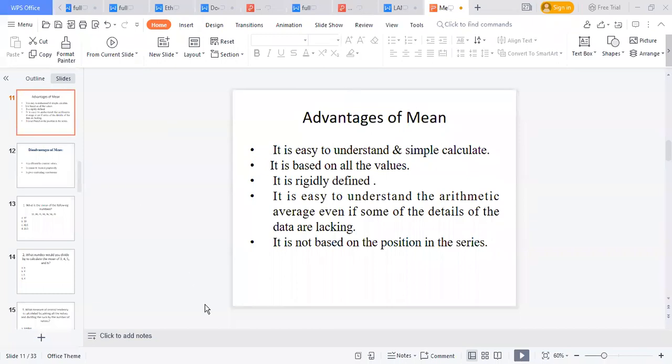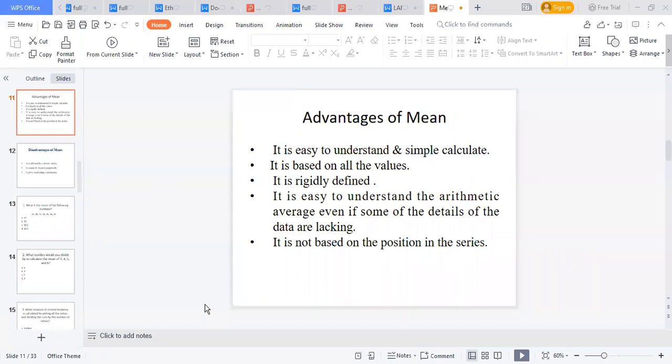So the advantages of average: it is easy to understand and simple to calculate. Anybody you ask what is the average age, somebody can easily add those and divide by the number of items in that distribution. And also when you look at the mean, it's more representative of everyone because all values are added to come up with the final value.